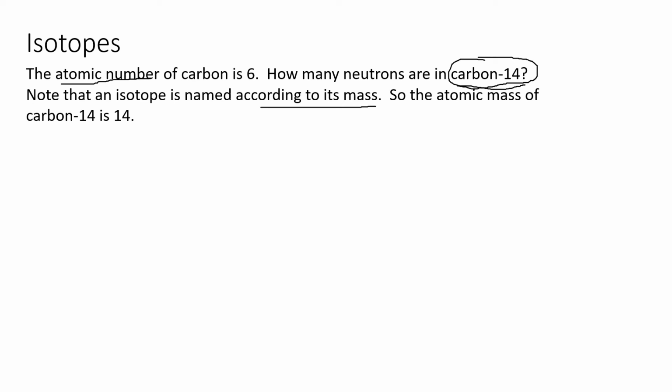So how do we take the mass of an atom? Well, we know from the previous slide that protons plus neutrons equals the mass, the AMU, atomic mass unit. Well, what do we know here? The atomic number of carbon is 6.